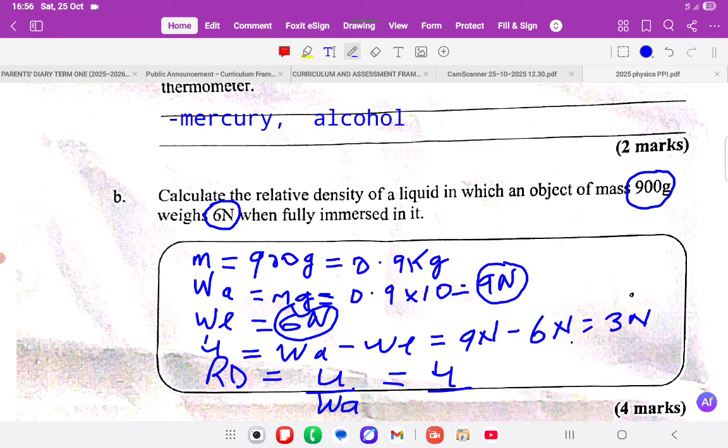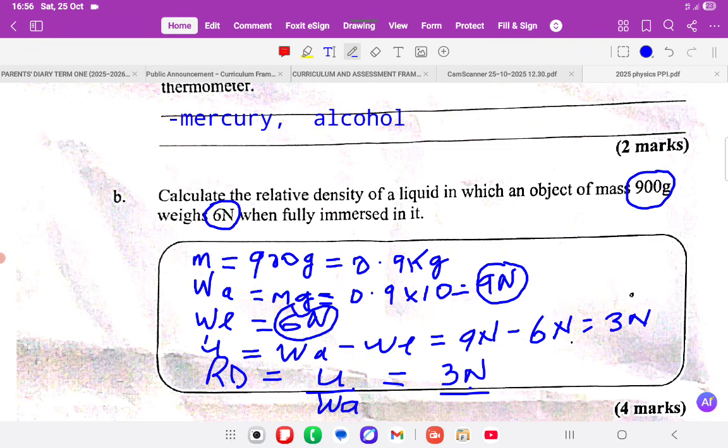Okay, but in this case we shall stick to the meaning of relative density based on this definition of upthrust divided by weight in air. So in this case, upthrust is 3. We already found upthrust as 3 newtons.